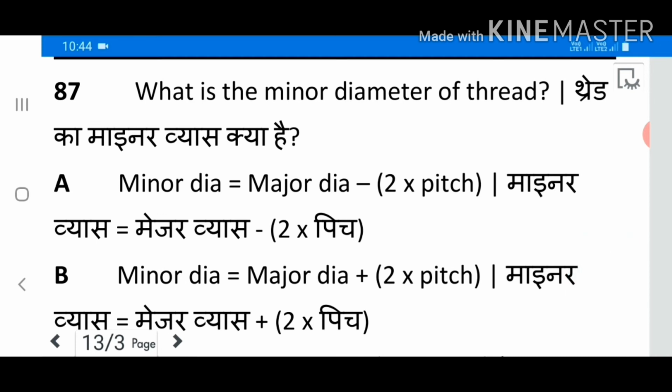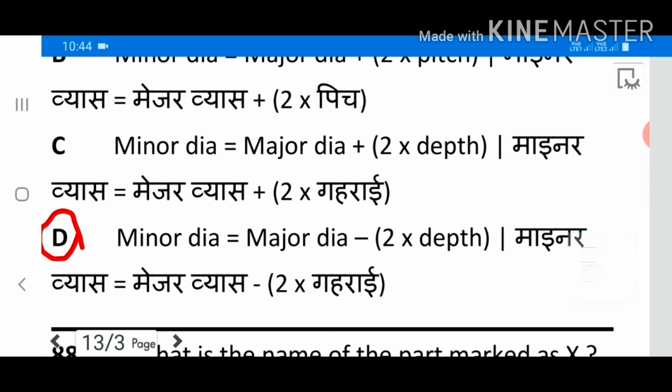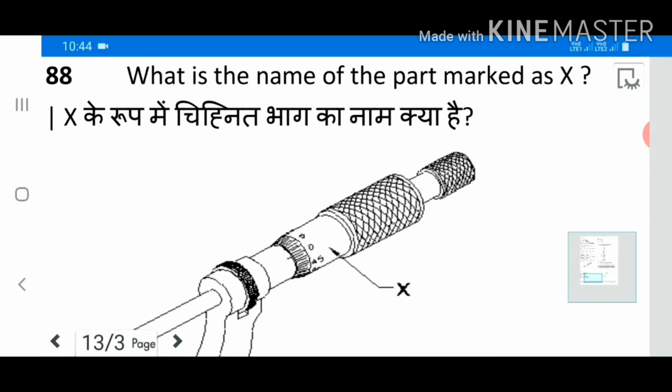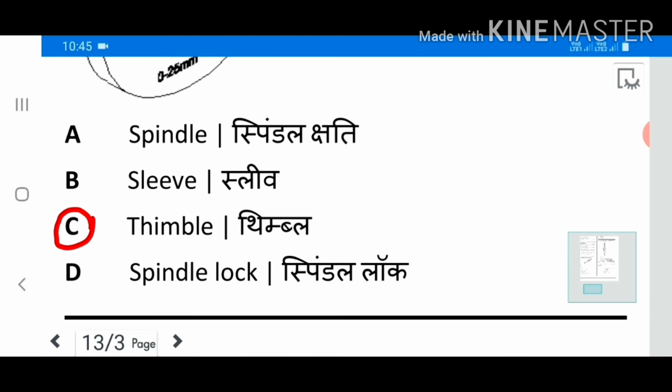What is the minor diameter of thread? Answer D. Minor diameter equal to major diameter minus 2 into depth. 88. What is the name of the part marked as X? Answer C. Thimble.